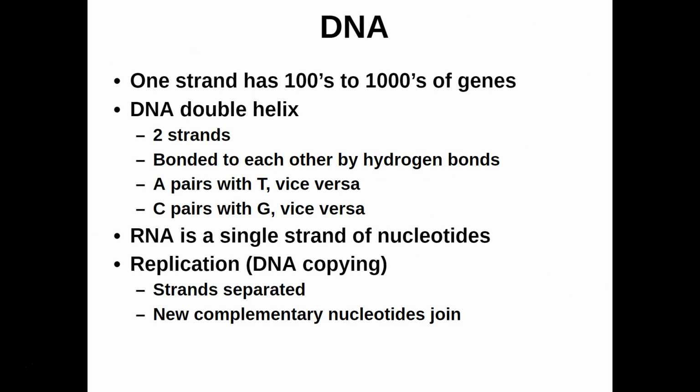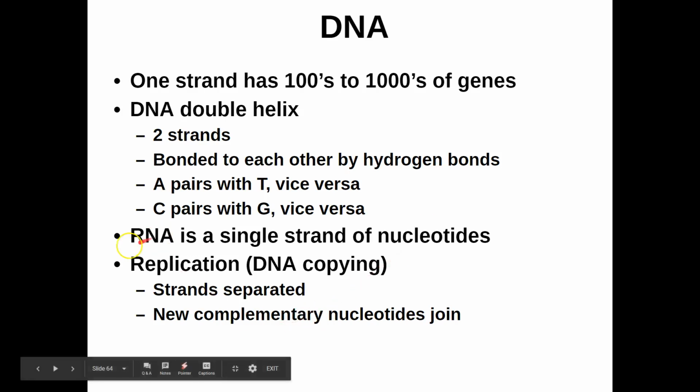So one strand of DNA has hundreds to thousands of genes. So the DNA double helix has 2 strands on it. They are bonded together by hydrogen bonds, and like I was saying earlier, A pairs with T, T pairs with A, C pairs with G, and G pairs with C. DNA is a single strand of nucleotides, and actually what happens is your DNA has a certain code that it's specifying, and whenever your body needs to access that code, it goes and makes an RNA copy.